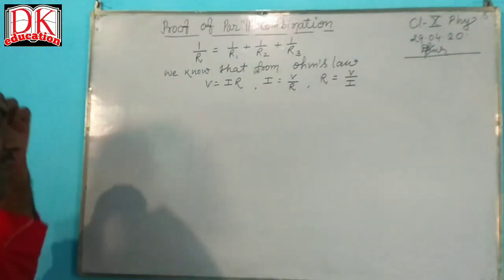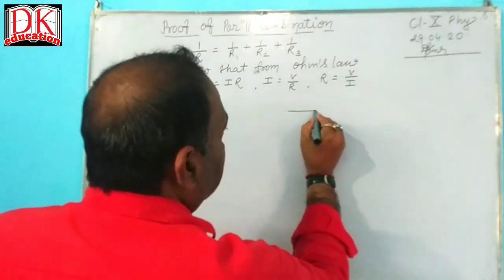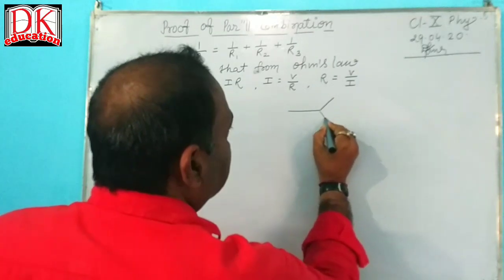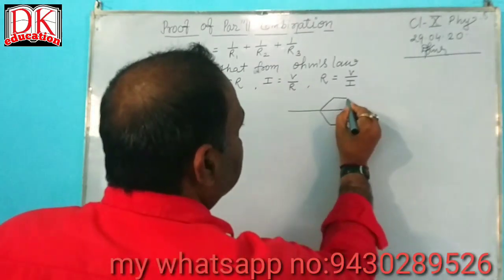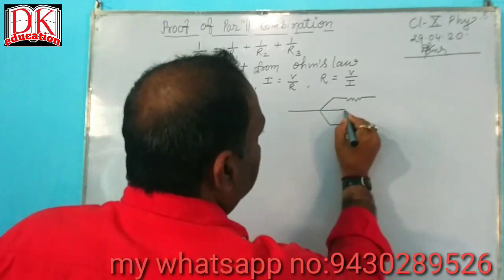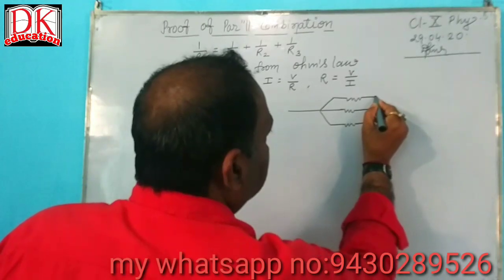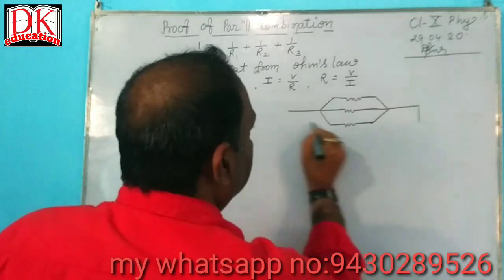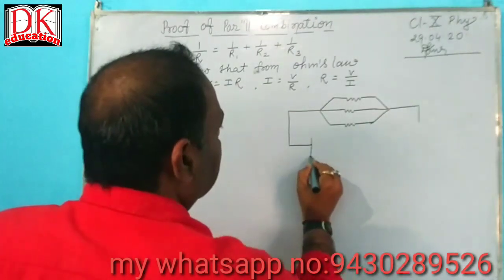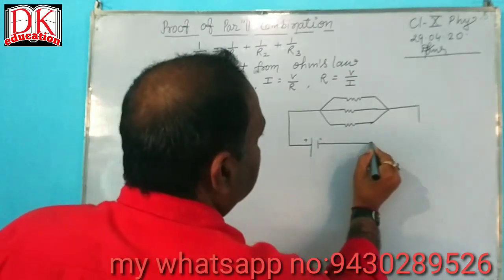After that, let us connect three resistances in this type of order. Here we connect a battery, plus and minus.